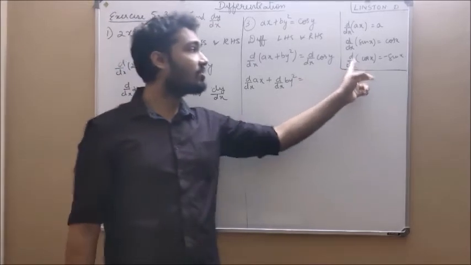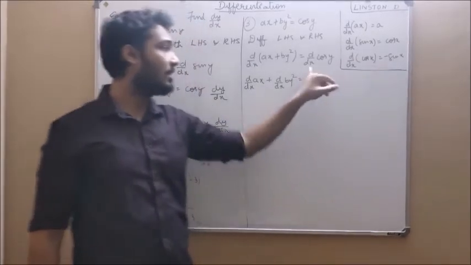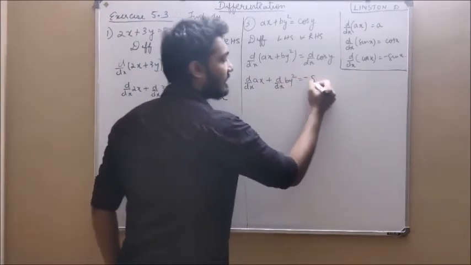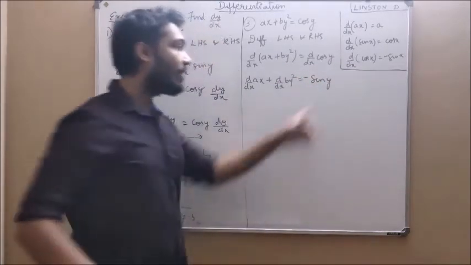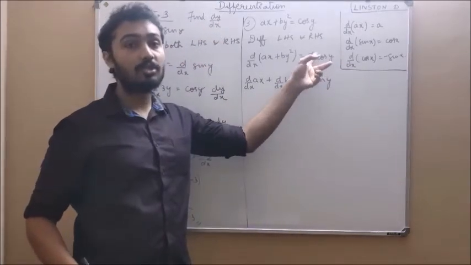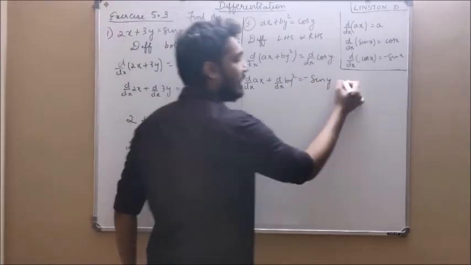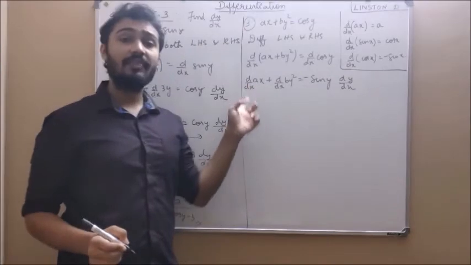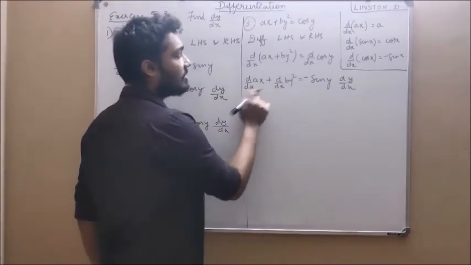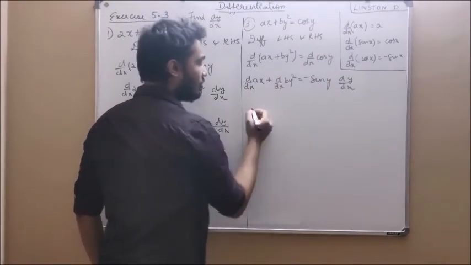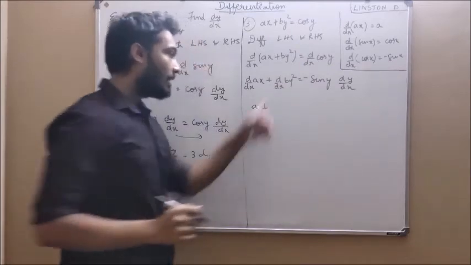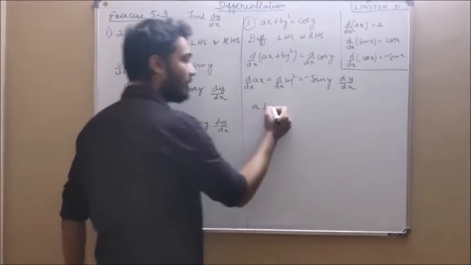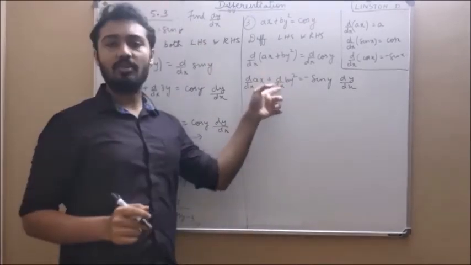We know differentiation of cos x is minus sin x. Now instead of x there is y, so this is minus sin y. Now I told you y is a dependent variable, so still we have to differentiate, so it is dy by dx. Now differentiate the left side, so it is differentiation of ax is a, so a plus d by dx of by square. b is the constant, take the constant outside b, and differentiation of y square.